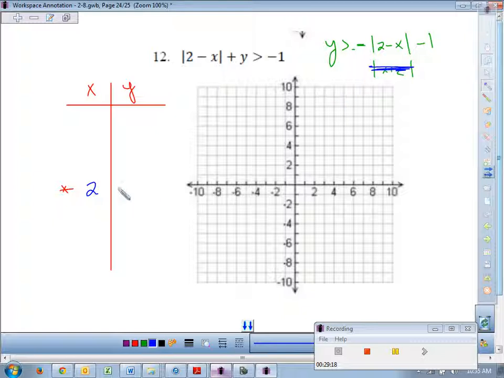Then take away 1. What do you got? And isn't that what you told me your translation would be? Pretty sure she said left 2. Isn't it left 2? How come that didn't become a left 2?